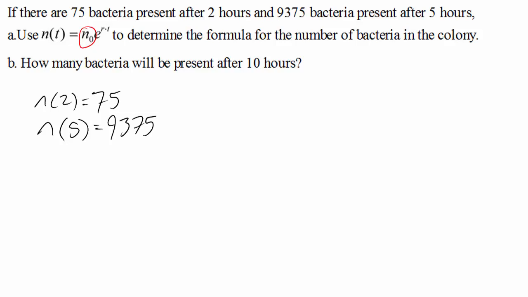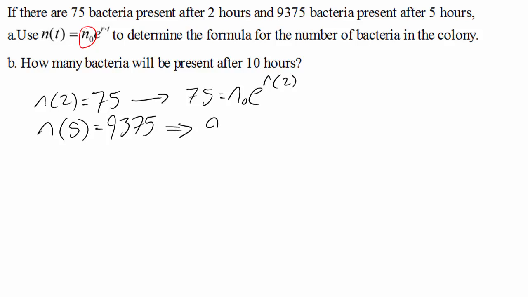Now, each one of these is going to fall into the same category here. So if we know N of 2 is 75, that means that 75 is equal to N sub 0 e to the r times 2, where t is our time, so that's going to be our 2. And similarly here for N of 5.